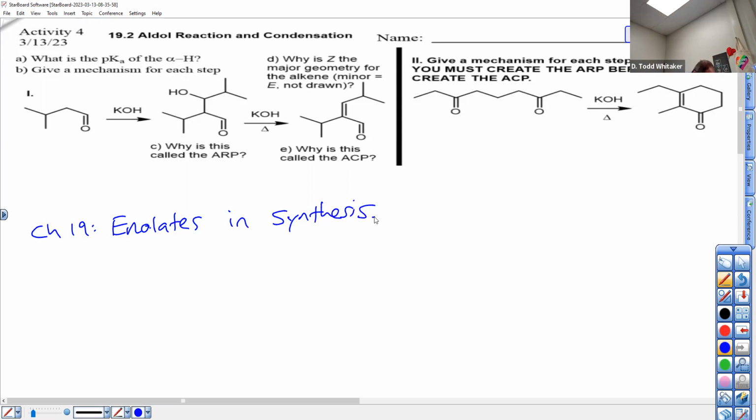And let's explain where that comes from. We got a pKa up here of, what you got? 20. That's an alpha H. So I've got hydroxide in this question, in an equilibrium that looks like it's unfavorable.